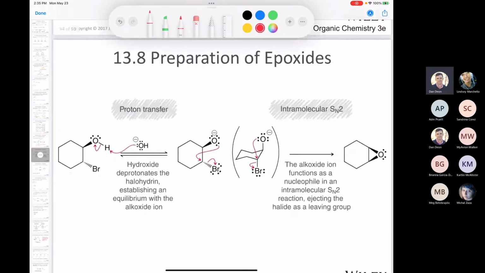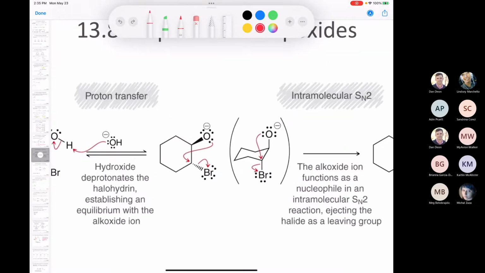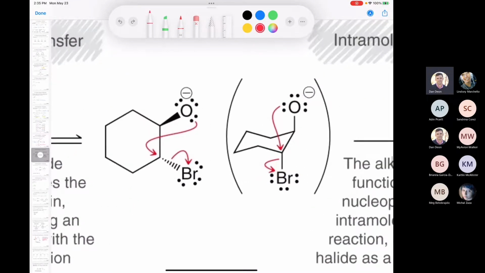What happens when you make the epoxide from a halohydrin is in the first step, the hydroxide from the sodium hydroxide deprotonates the alcohol to make the alkoxide. But since the bond between the carbon and the oxygen is pointing up like this, and the bond between the carbon and the bromine is pointing down, they are anti-periplanar to one another, and they have to be in order for this SN2 reaction to work.